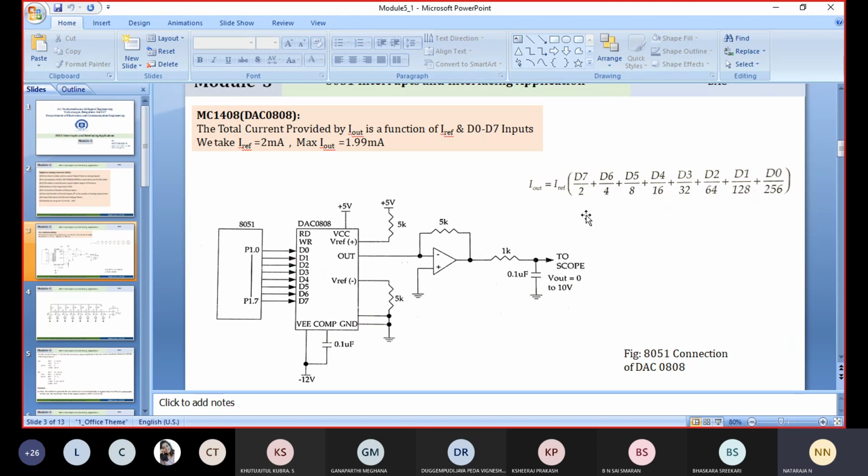Am I right? The R to 2R ladder is there, no? Analog to digital converter, DAC, digital to analog converter. Yes, sir, it's there. Then you will learn the design part there, how exactly you get the formula and those things. Making use of this, we are going to write some programs and get the output.